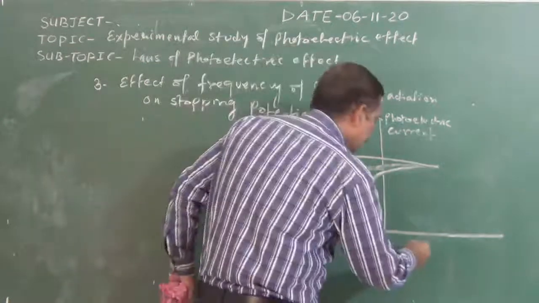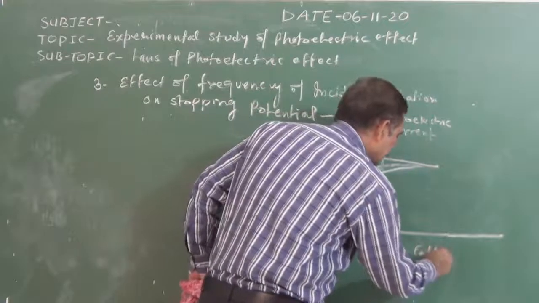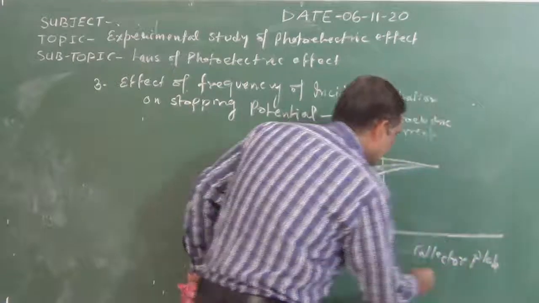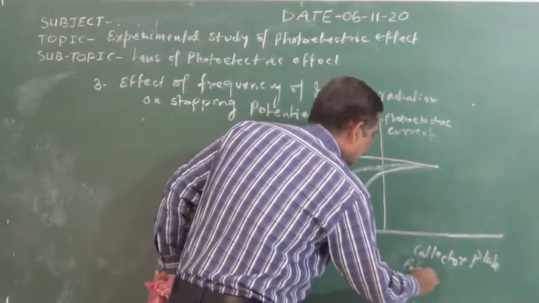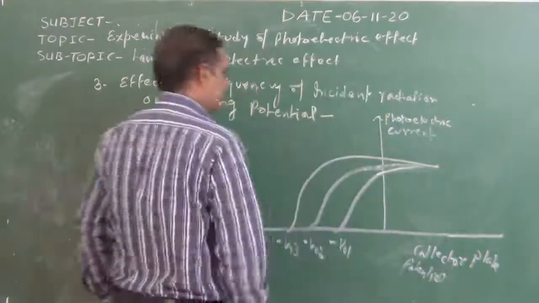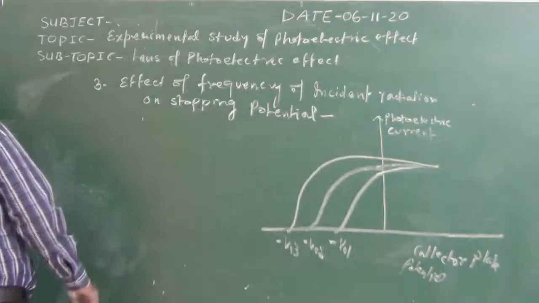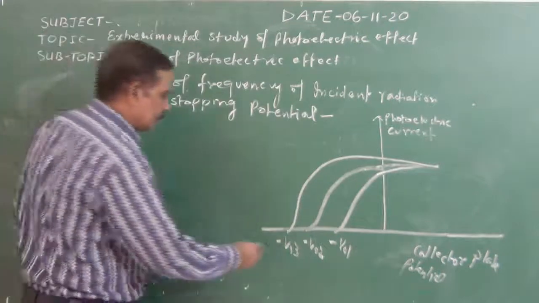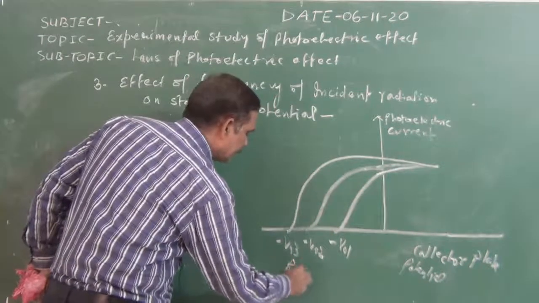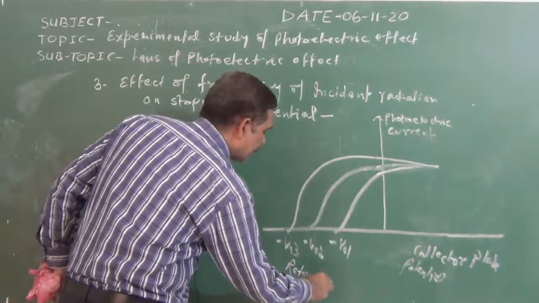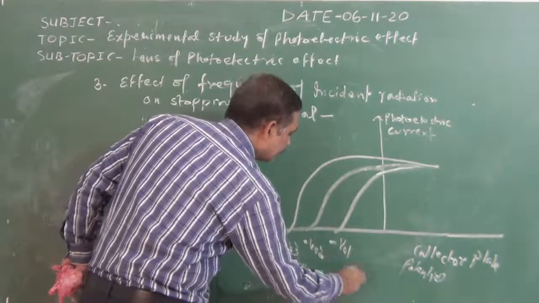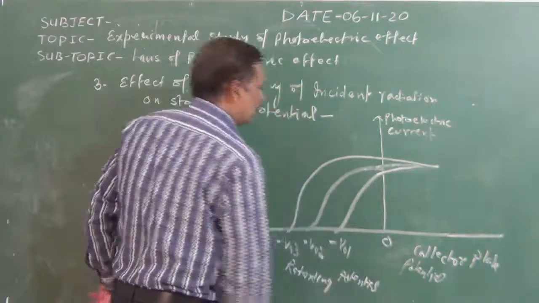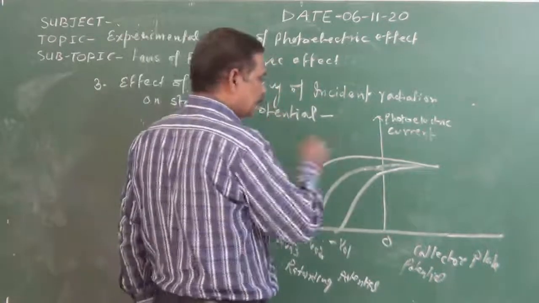This is collector plate potential, and this is retarding potential on this side, that is negative potential, or we can say stopping potential.